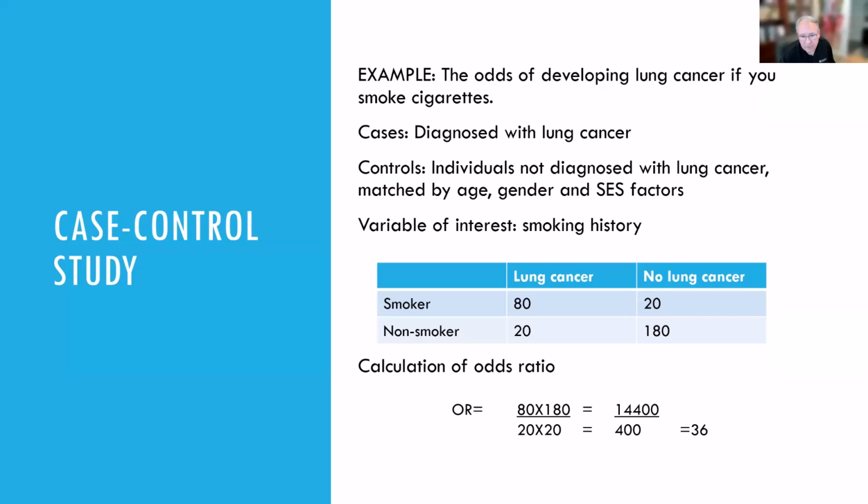And the variable of interest is their smoking history. Positive, they're a smoker, or a non-smoker. And obviously you can have former smokers, quit, never smoked. But we've already done the odds ratio calculation, and the odds ratio is 36. That means you're 36 times more likely to develop lung cancer if you smoke than if you don't smoke.